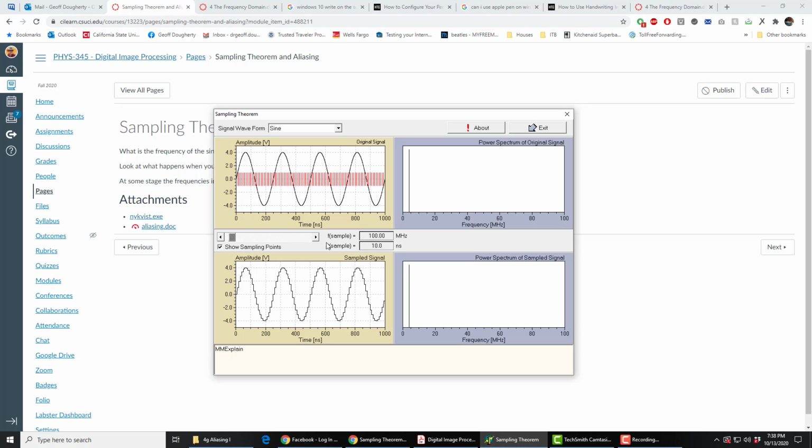Now we can change the sampling frequency and keep on reducing it. Time between samples is increasing, the sampling frequency is reducing, and this here will be the sampled sinusoid, and it's still looking not too bad.